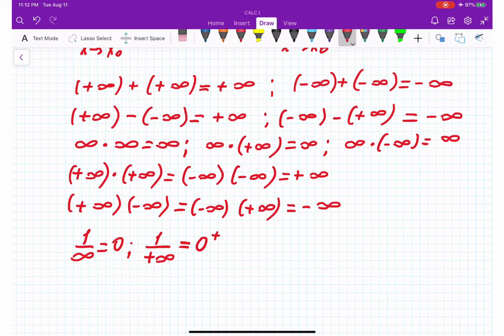I'm going to cover this also as one-sided limits, after limits with trigonometric functions.